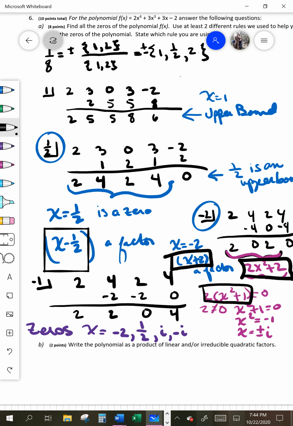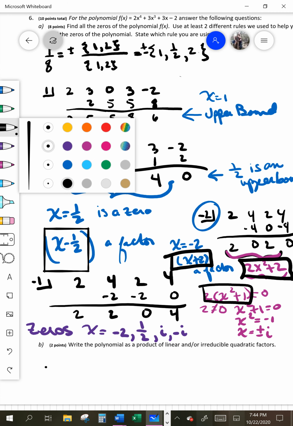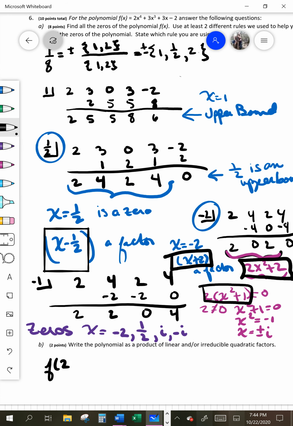So let's do that. We're given that f of x is equal to this 2, all times x squared plus 1. That one was irreducible over the real numbers; we saw that our solutions were complex numbers.